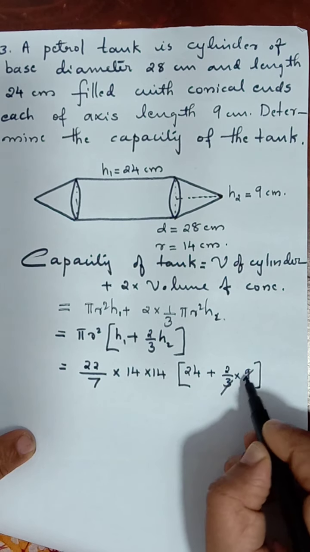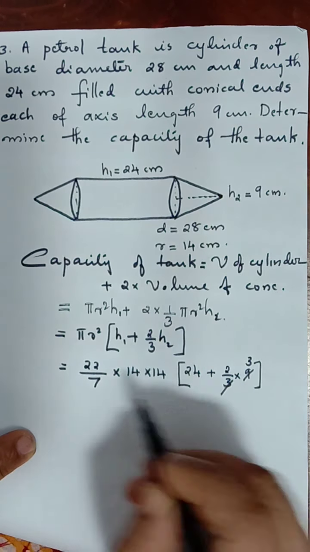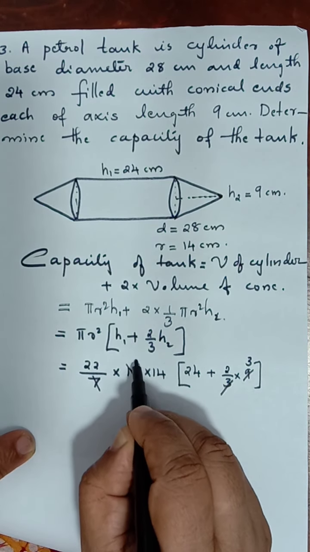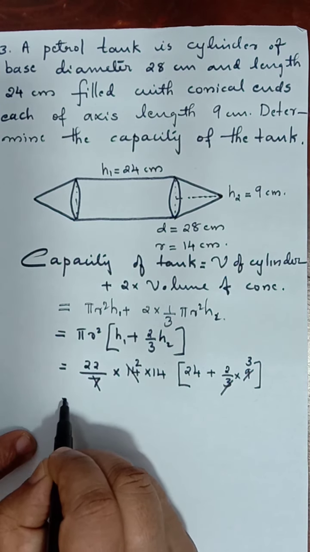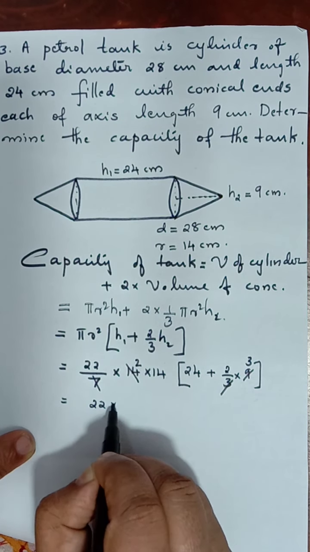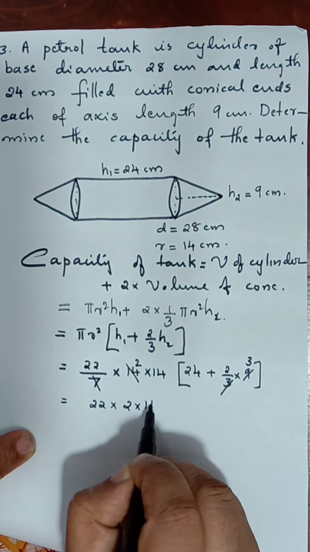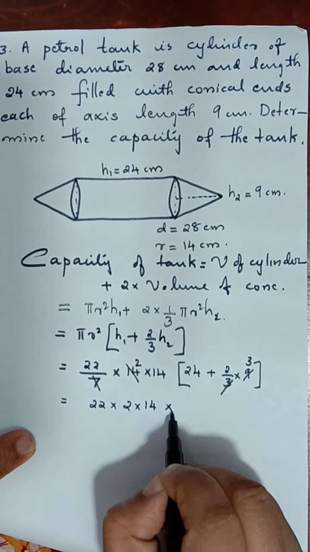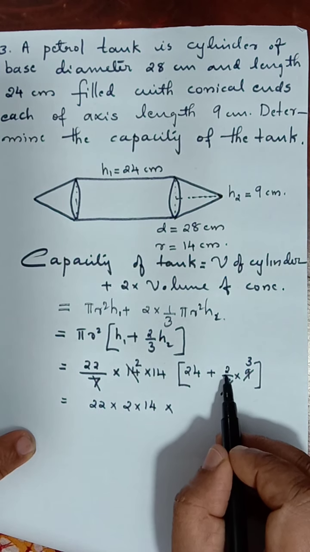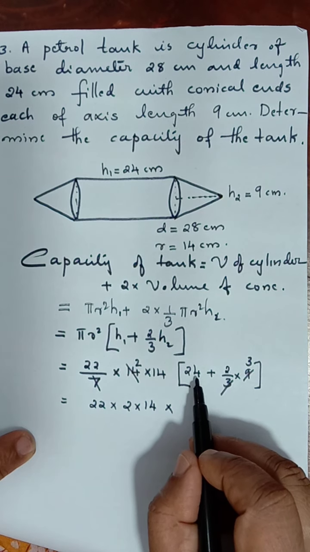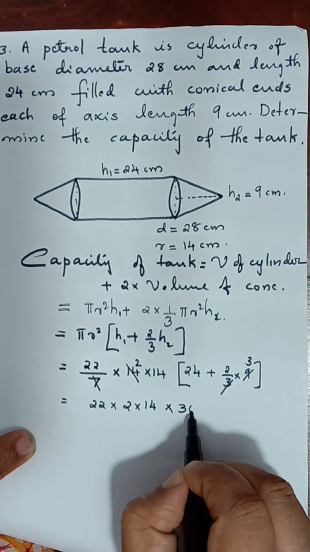Let us cancel this, we get 3. Here we have 7 one time, 7 two times. So 22 into 2 into 14 into 3, 2 threes are 6. 6 plus 24, that's equal to 30.